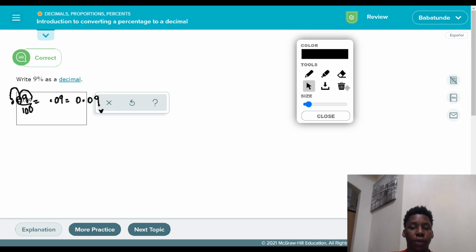Let me do a quick recap. Basically, we'll be given a question in percentage form, and we'll be asked to change it to a decimal. In order to do that, we have to divide the percent by 100, because anything that has a percent sign attached is basically saying divided by 100.